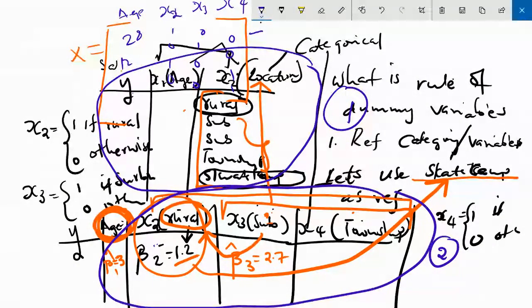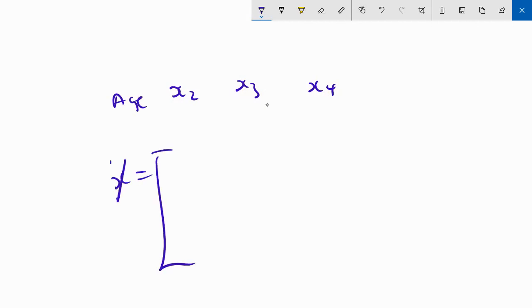Let me clear this one, because now we have x2, x3, and x4 and age. The matrix of X should be related to these new variables.